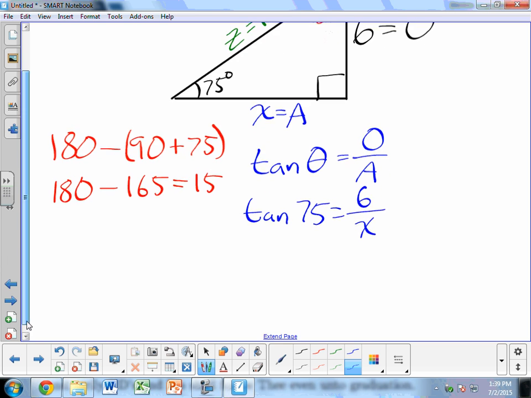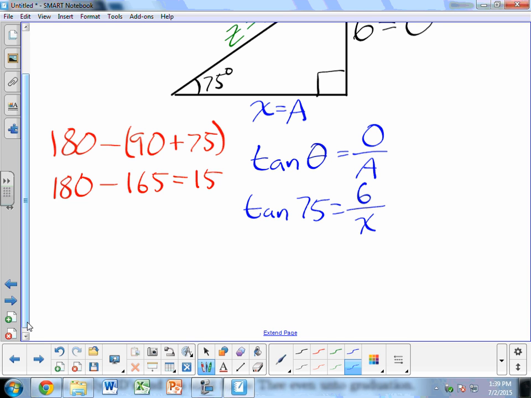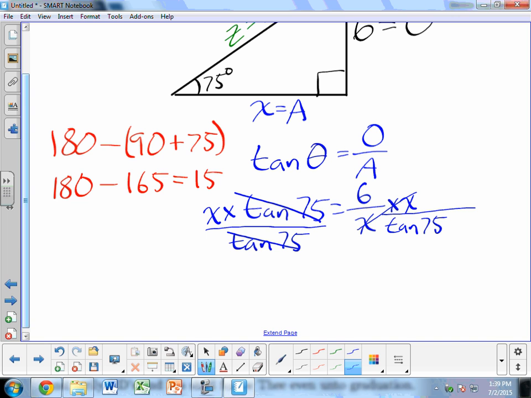Now, I multiply both sides by x. This is exactly why I make my x's fancy, so they don't get confused with times signs. Multiply both sides by x and then divide both sides by the tangent of 75. The x's cancel out on the right side, and the tangent of 75 cancels out on the left side.